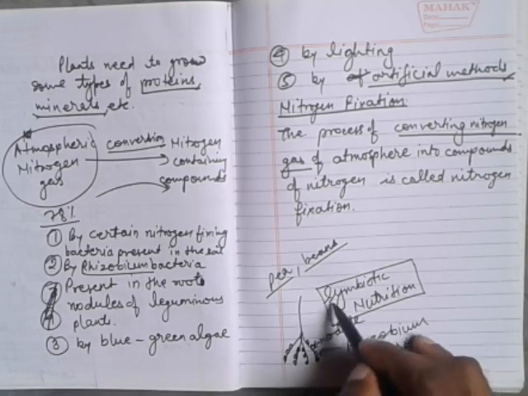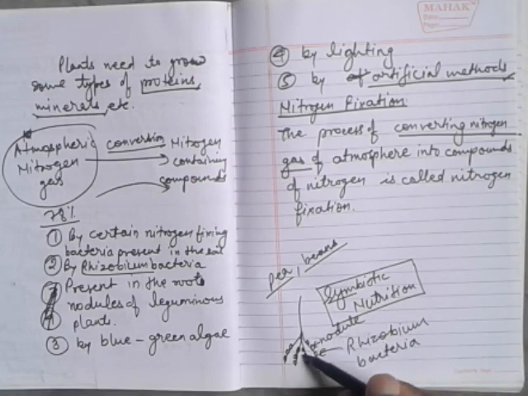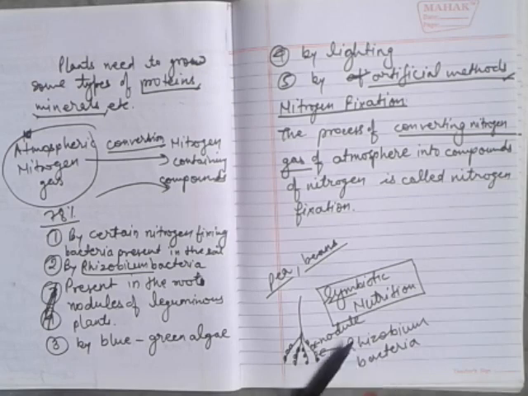Symbiotic nutrition means that to perform the nutrition process, Rhizobium bacteria depend on the plant, and the plant also depends on the action of Rhizobium bacteria to perform its nutrition process. Both depend on each other.